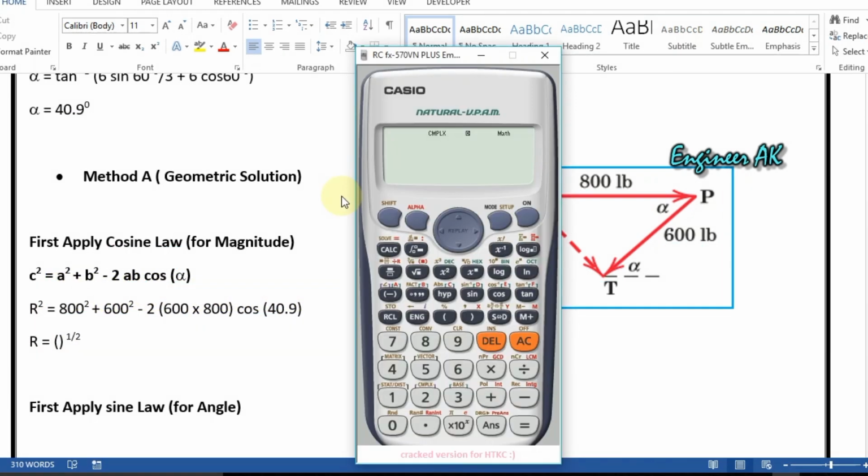Now if I plug these values into the calculator: 800 square plus 600 square minus 2 multiply 800 multiply 600 multiply by cos 40.9, it comes out to be 274,380, and if I take the square root of it, it comes out to be 523.8, or you can simply write it as 524 pounds, right?